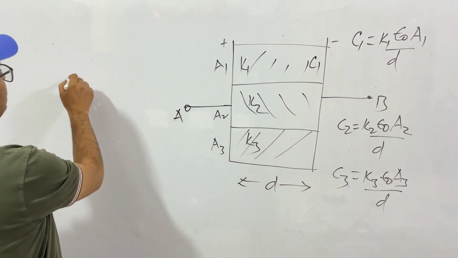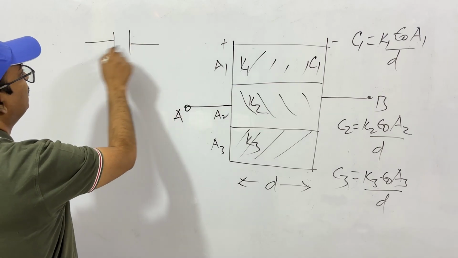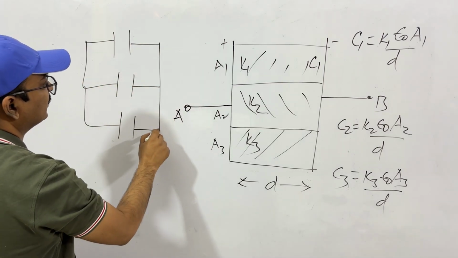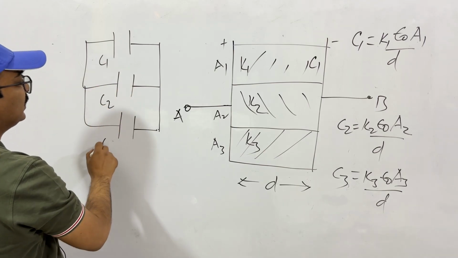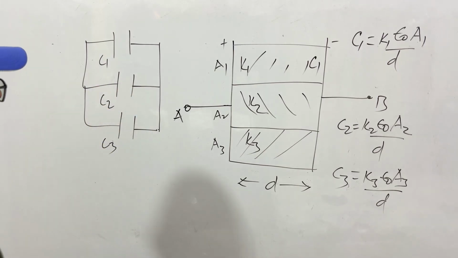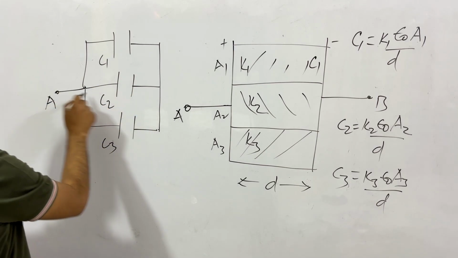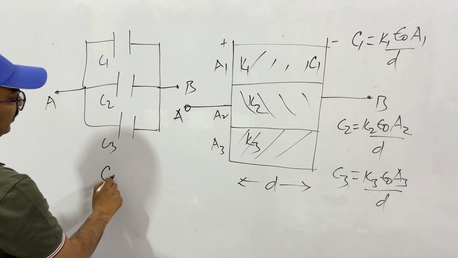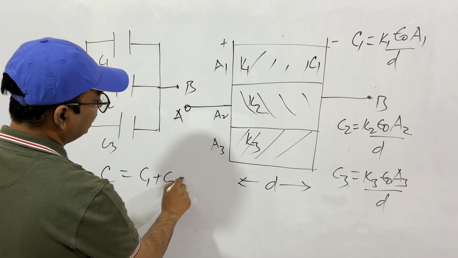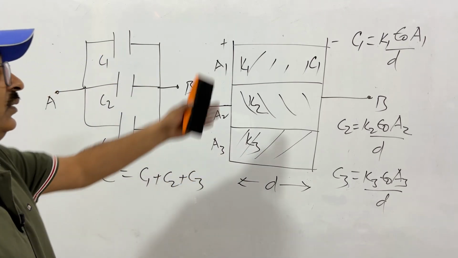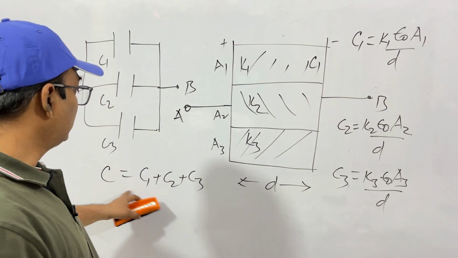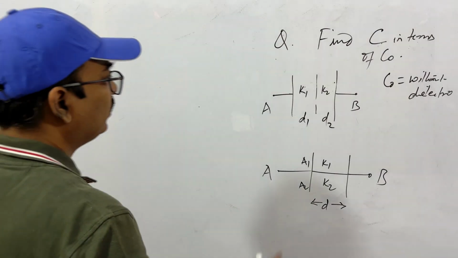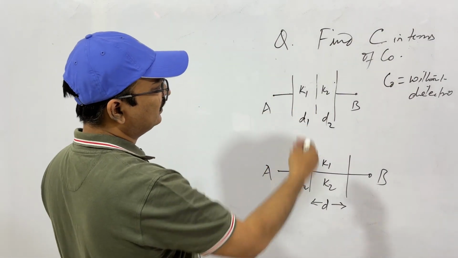That is, they can be visualized as three capacitors connected in parallel, like this. This is your C1, this is your C2, this is your C3. This is A, this is B. The terminals are like this. So the equivalent capacitance will be C1 plus C2 plus C3. You know what C1, C2, C3 are, you can add them all and get the equivalent capacitance. Clear? Although the concept is very clear, let's see a simple example.